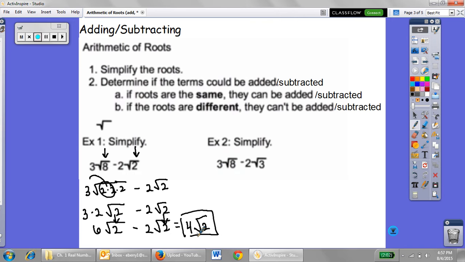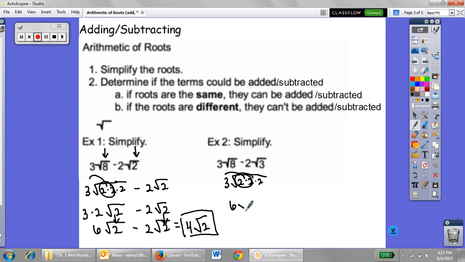Okay, let's look at example 2 to simplify: 3 square root 8 minus 2 square root 3. Notice that we just did this part in example 1. So using what we got in the very end of it, this becomes 3 times the square root of 2 times 2 times 2. This 2 gets to come to the outside and get multiplied by the 3 as we did before.